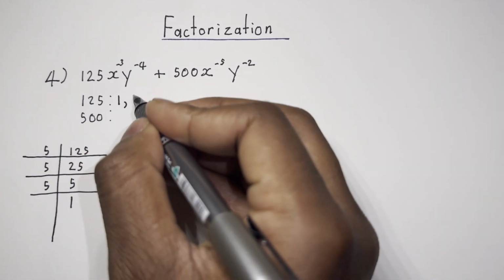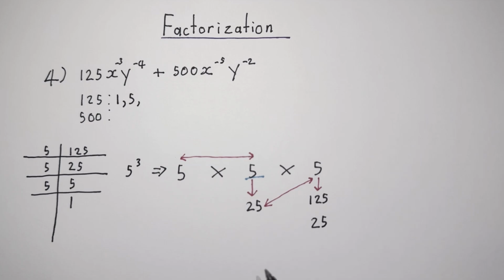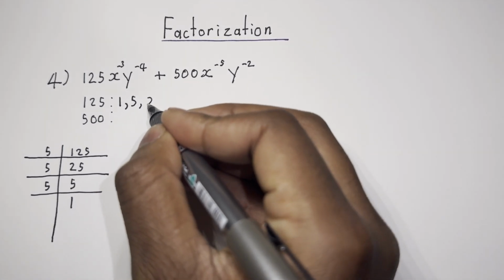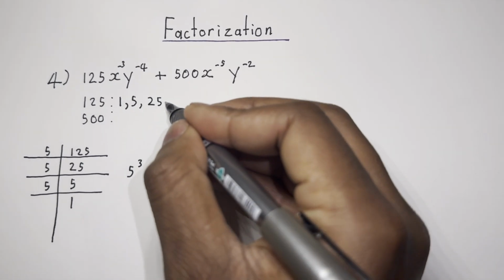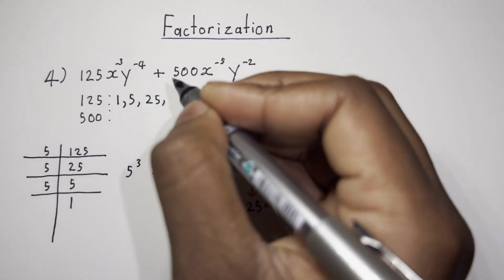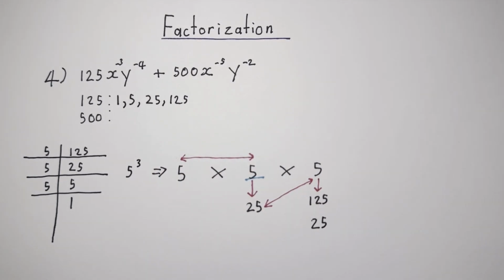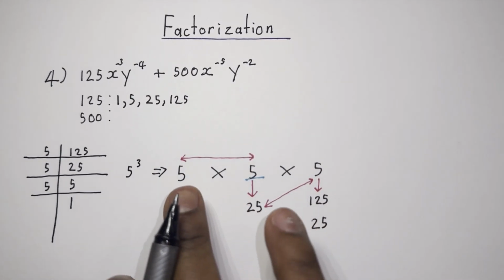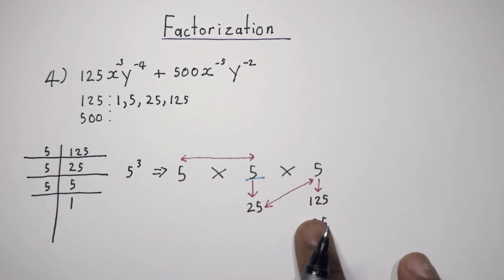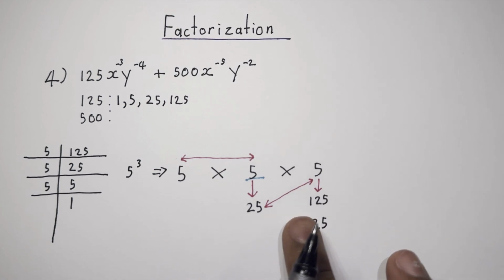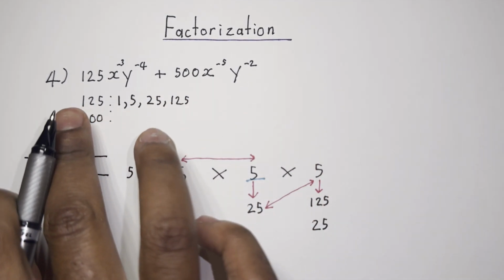So we put 5. Then we have 25. And finally, we have 125. And whenever we carry out this technique, whenever we have a number repeating itself here, we only need to write it one time when we're listing the factors for that number.